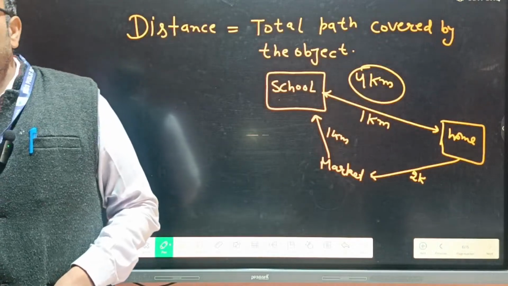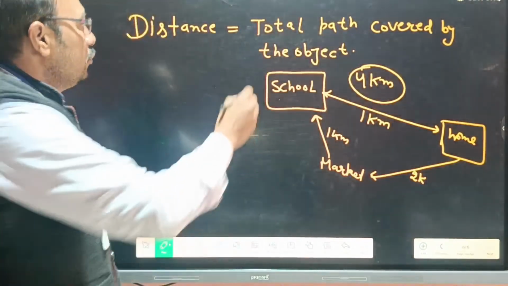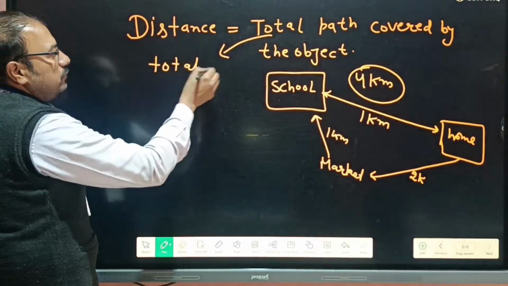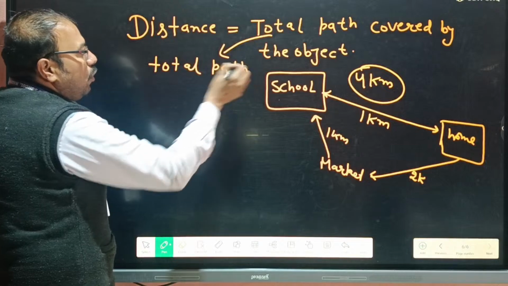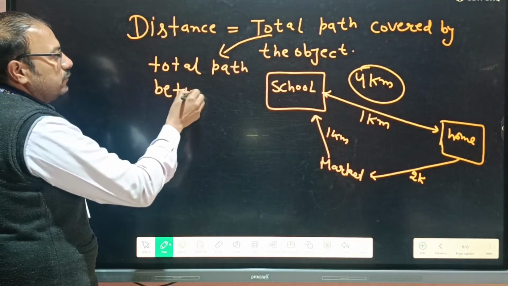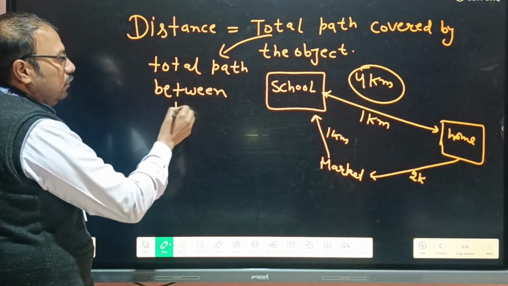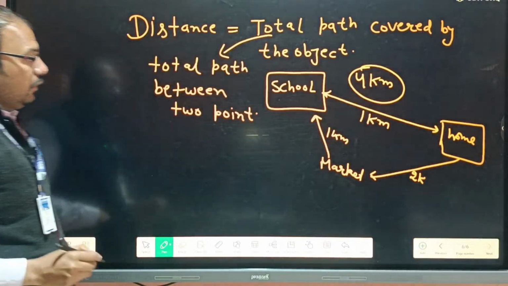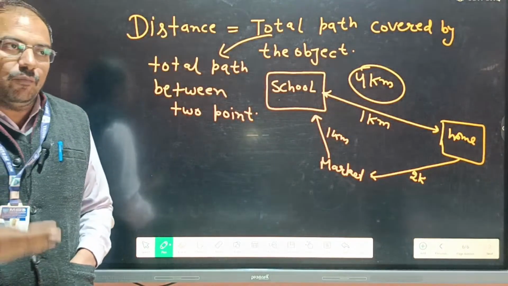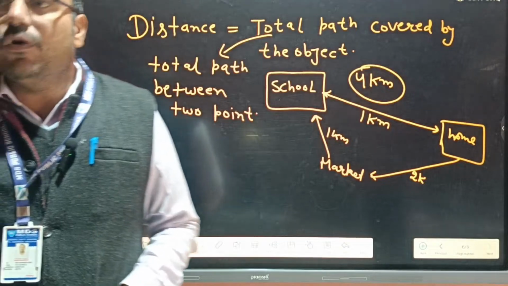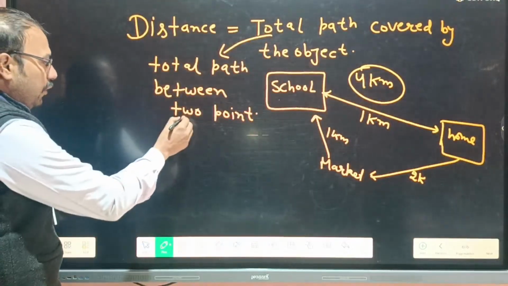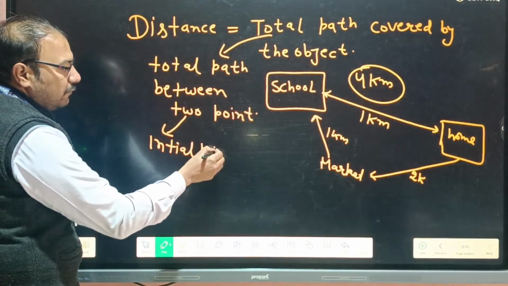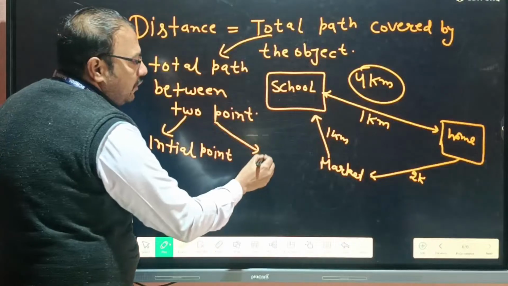So simply, what is distance? Total path between 2 points. These 2 points: one point is known as the initial point and the second point is known as the final point.